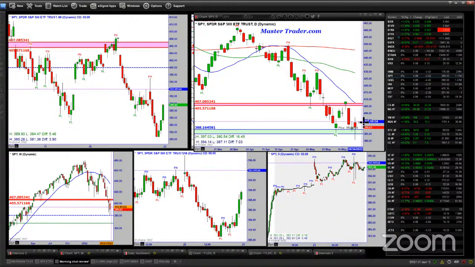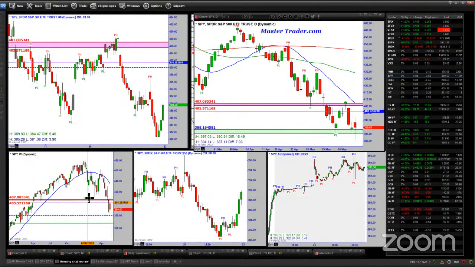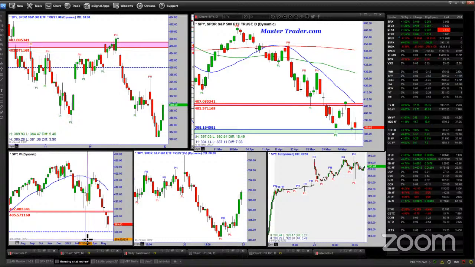And as the markets open up, day to day, intraday, where do they go? You can see the weekly chart is in a downtrend. It's down several weeks in a row. It came down to some support, no turn whatsoever. It is a bit of a range expansion bar, as you can see.